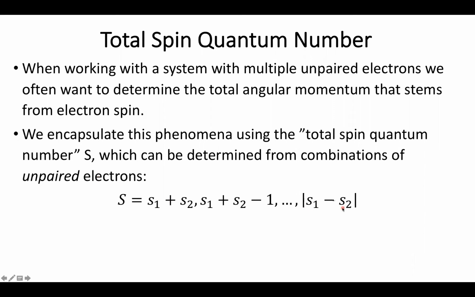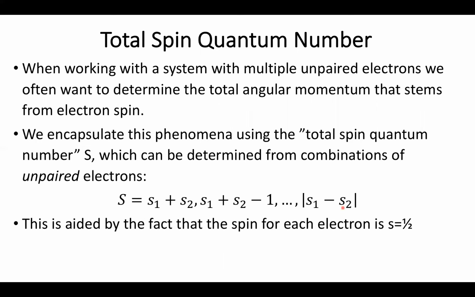Now, this is the same basic idea we used for orbital angular momentum, but now we have a major advantage, which is, in this case, every electron has the exact same spin state, and that's 1/2.